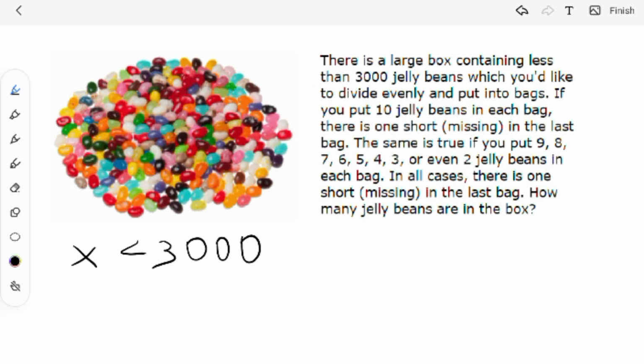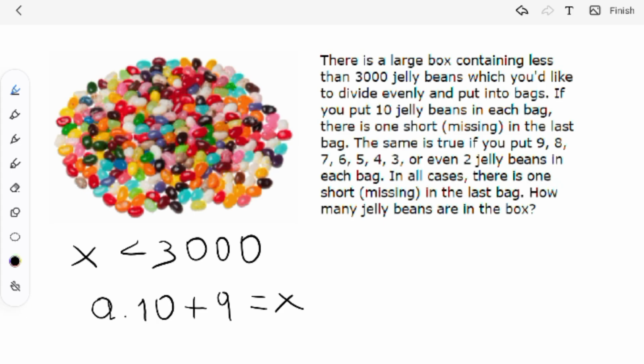This is what we know. And in the case we add 10 beans in each bag, then we can have, for example, that 8 times 10 plus 9 is equal to x. It's the number of beans.